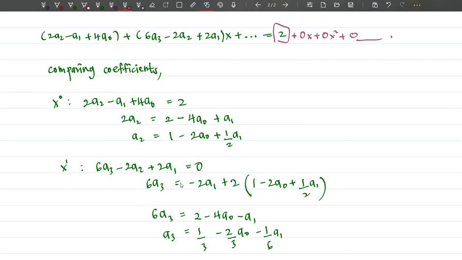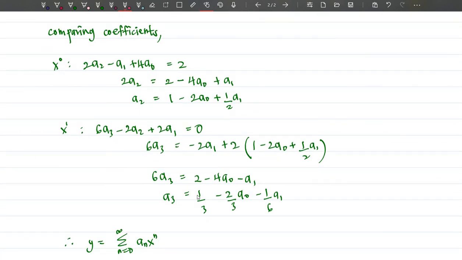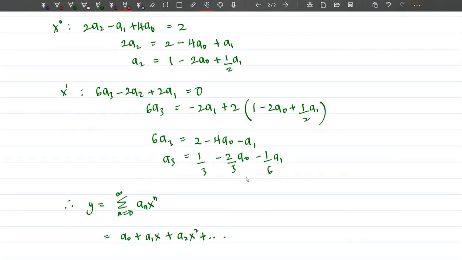Next rearrange, and since A3 is the highest coefficient, we need to have A3 equal to the other terms. So remember the final answer, the coefficients that we obtain should be in terms of A0 and A1 only. Since we have A2 here, we need to substitute the A2 that we found earlier in this term. And simplify, and hence we have these values for A3.